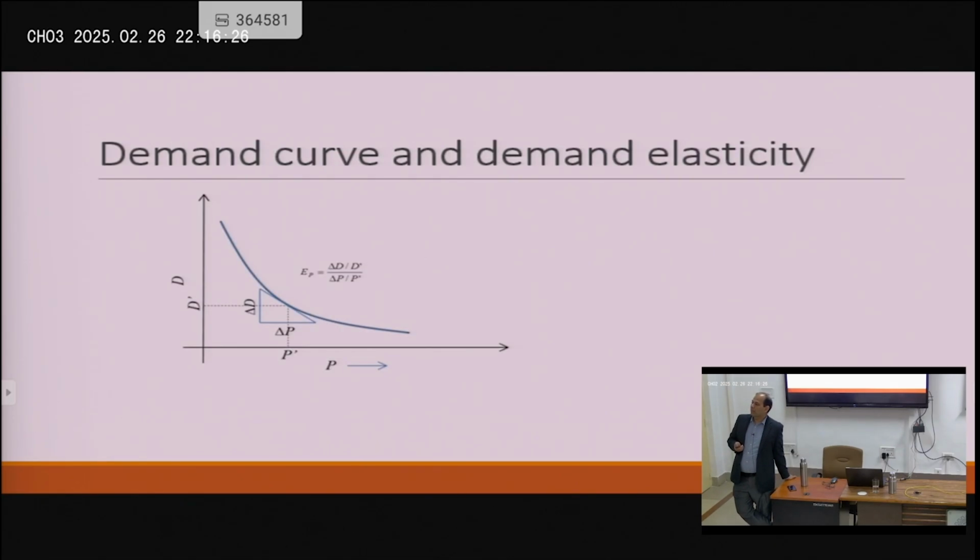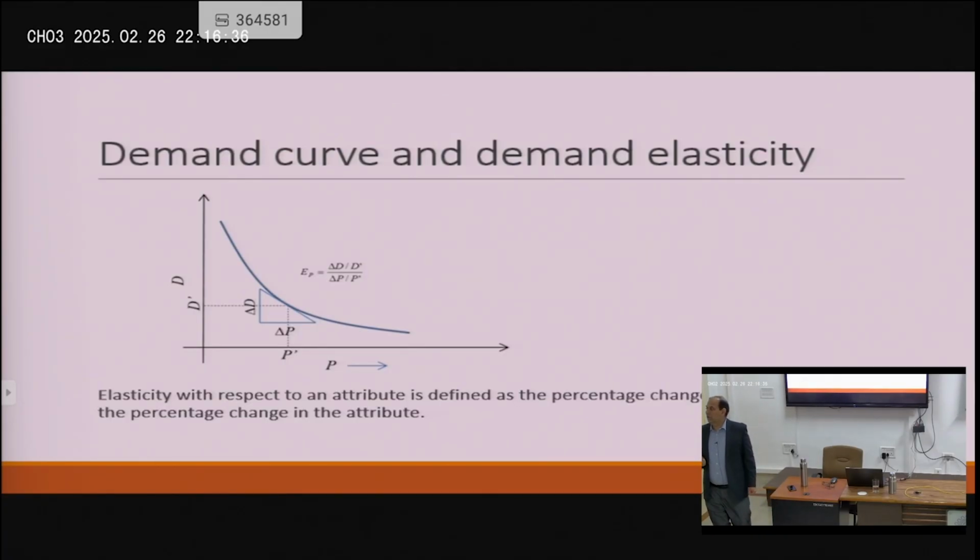Okay. Now, another thing that you might be familiar with is the demand curve and demand elasticity, right? Which is defined as a percentage change in demand divided by the percentage change in the attribute, right? So here's a graph, let's say price and demand, and then price increases.